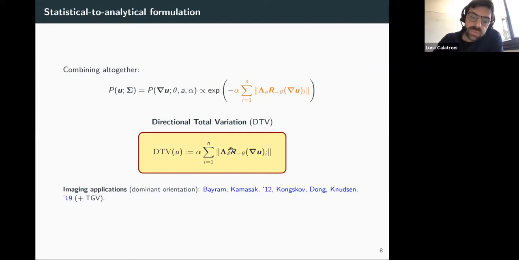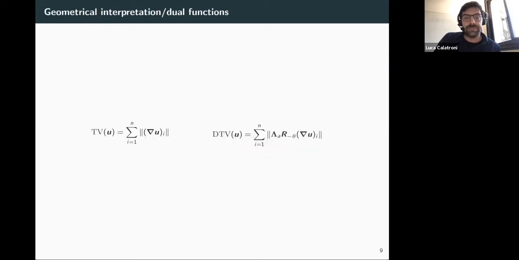Let me point out again that both the orientation theta here and the other parameters are still global. So this regularizer has been shown to work quite nicely in the case of images with global directionality, which is not what we observe in practice in most cases, of course.